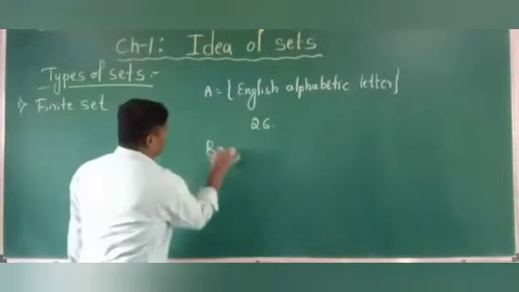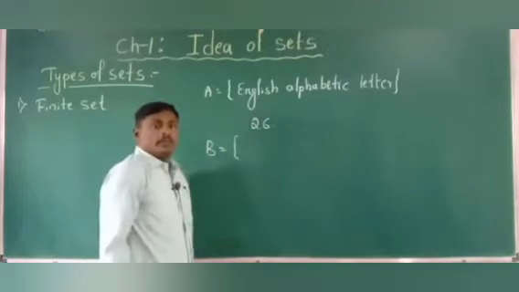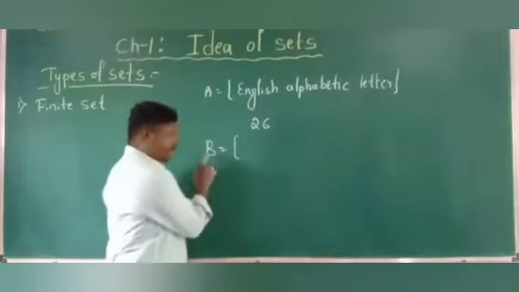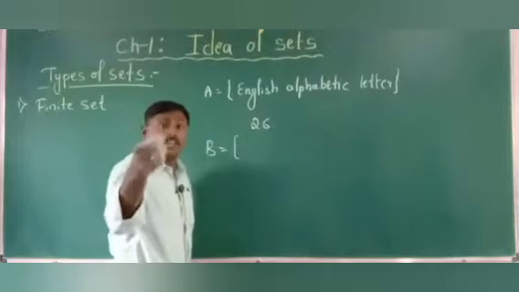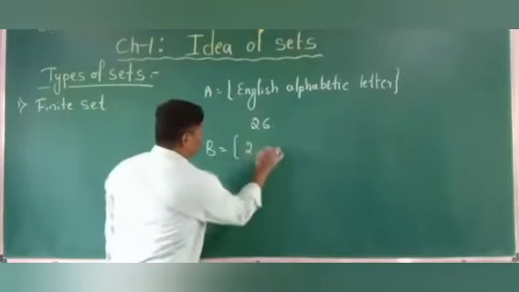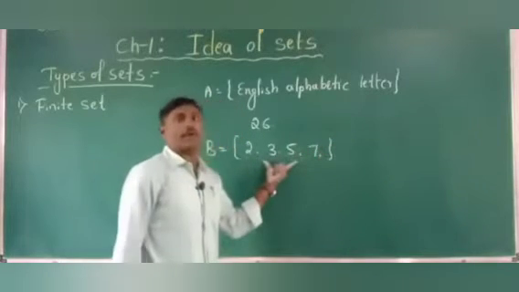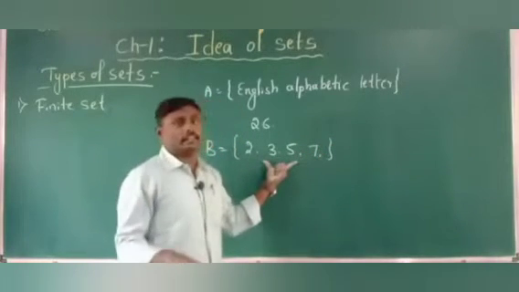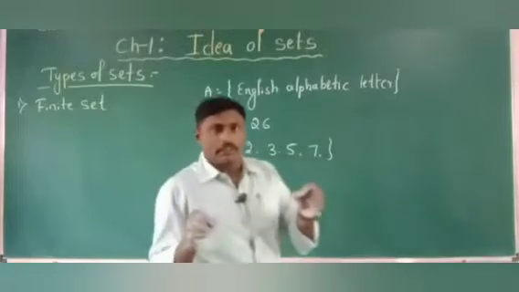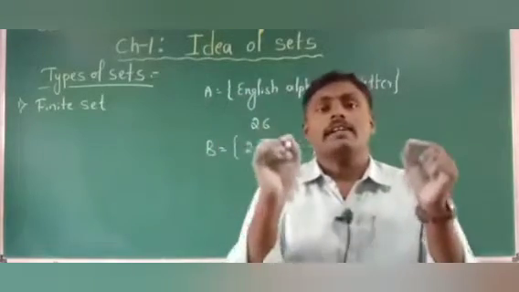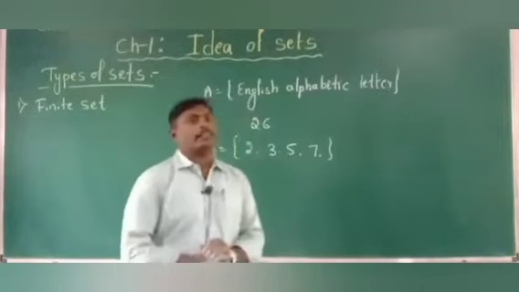We'll take one more example here. Set B is a collection of the single digit prime numbers 2, 3, 5, 7. So these are the only 4 prime numbers which are single digit. How many single digit prime numbers are there?